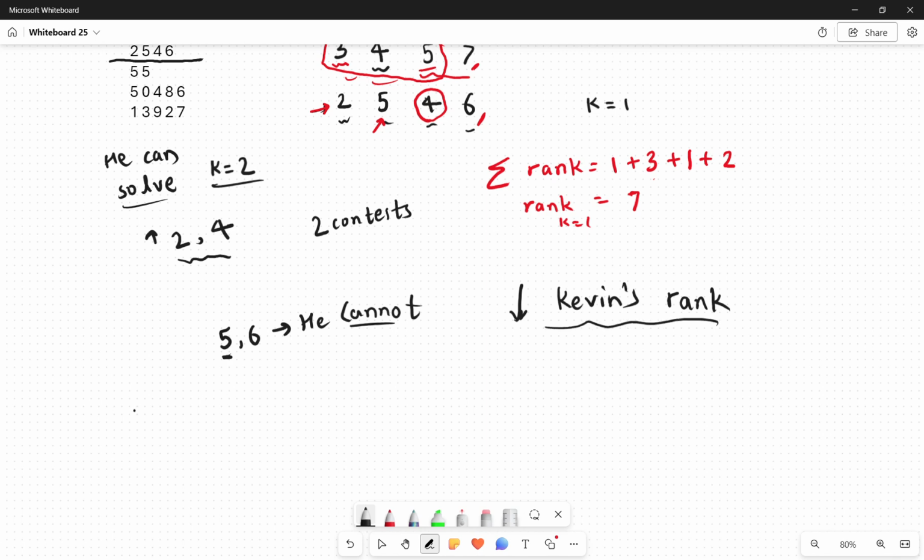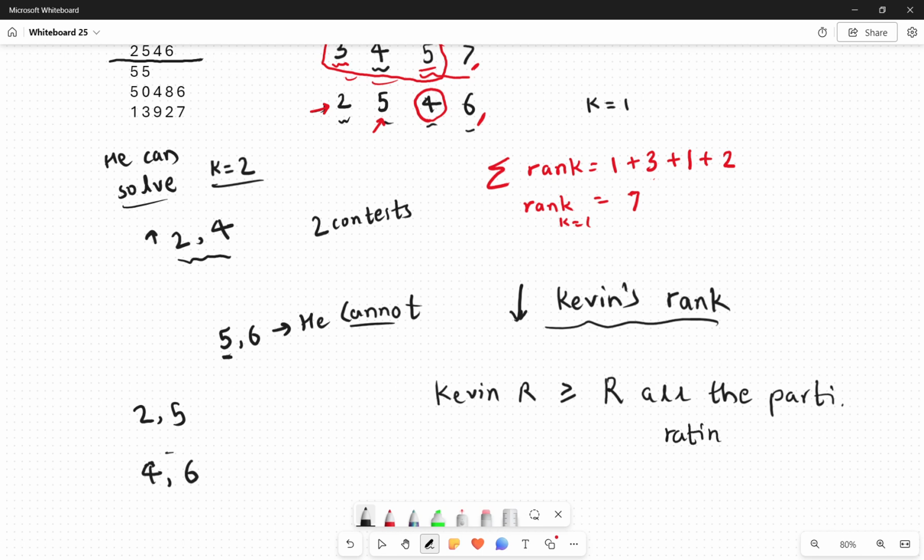So suppose I group 2, 5 and 4, 6, or 2, 6 and 4, 5. Do you agree that Kevin's rank will always be greater than or equal to the rank of all the participants who have rating greater than or equal to Kevin's?